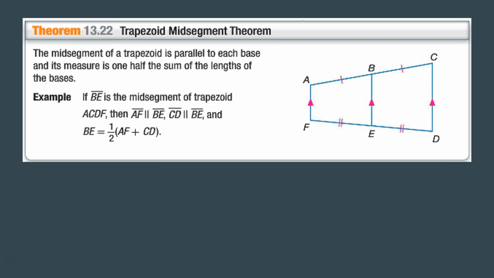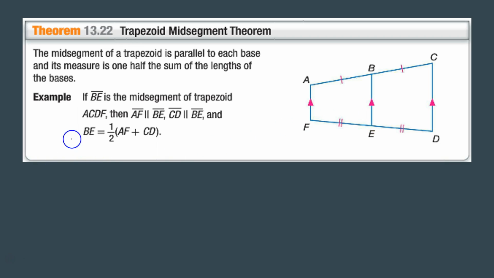And this is the theorem that we were just talking about. The midsegment of the trapezoid is parallel to each base and its measure is 1/2 the sum of the lengths of the bases. So if side BE is in fact the midsegment of the trapezoid ACDF, then we could say that AF is parallel to BE and that CD is parallel to BE.